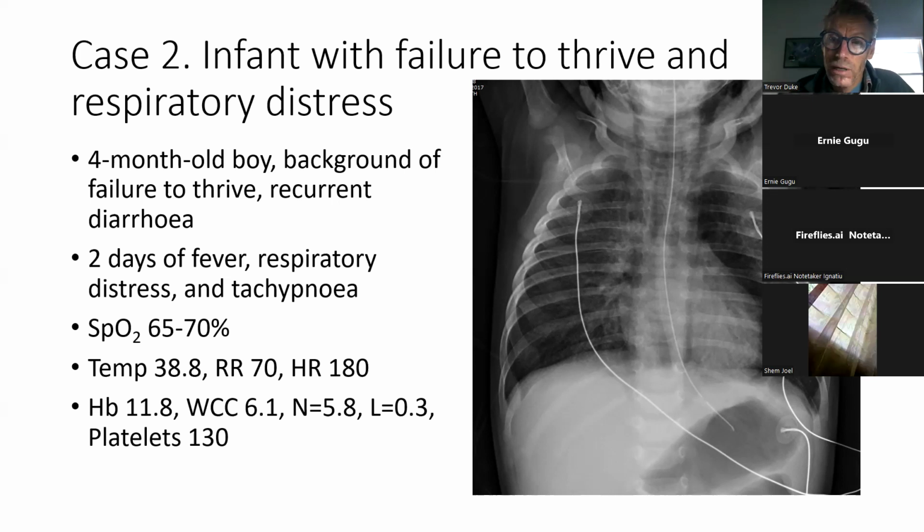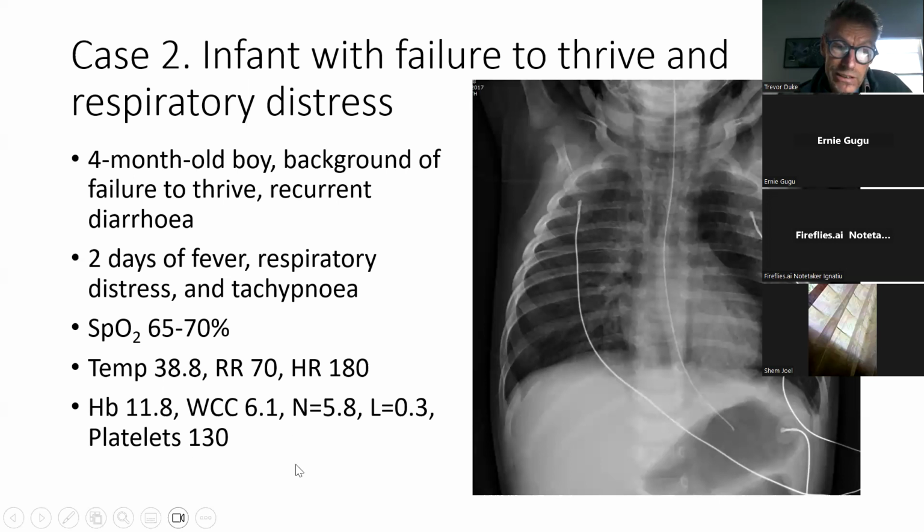So he was a scrawny, skinny baby with quite a bit of diarrhea. And then he'd had 2 days of fever, sudden onset of fever and respiratory distress and severe tachypnea, a respiratory rate of about 60 or 70. He had a temperature of over 38, and a heart rate of 180. And his saturations when he presented were only 65 to 70.